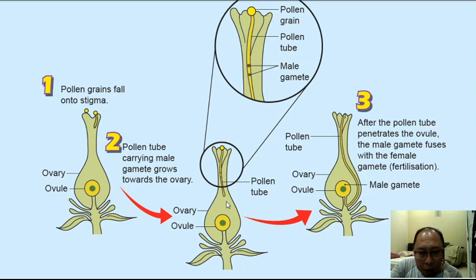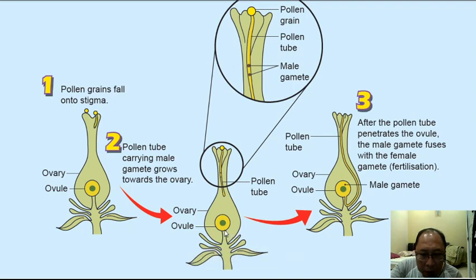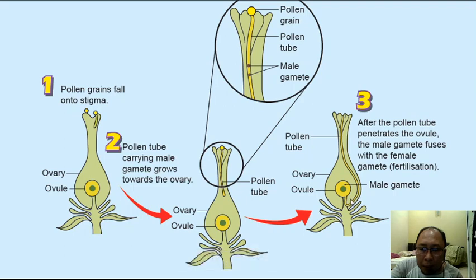The pollen tube moves towards the ovule and enters into the ovule. The male gamete inside the pollen tube will enter the ovule and fuse with the female gamete in the ovule.